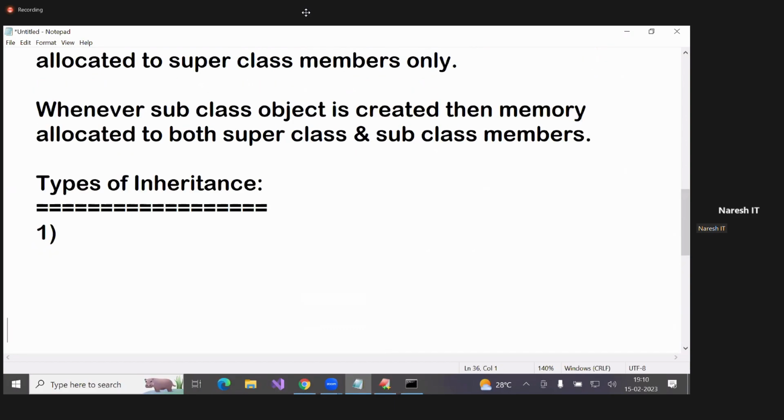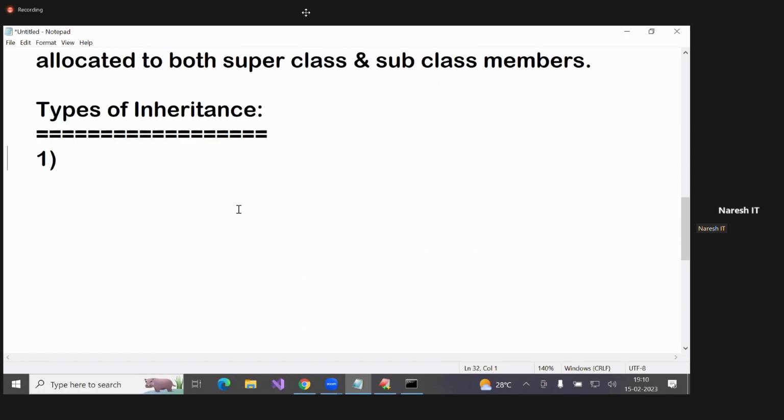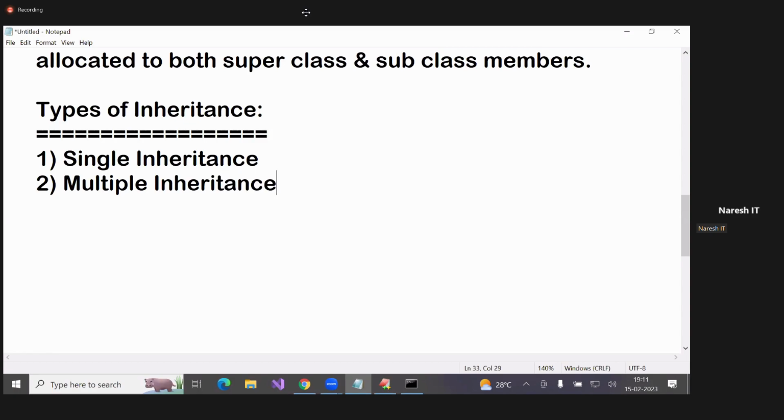Types of inheritance. First one, single inheritance. Second one, multiple inheritance. Third one, multi-level inheritance.